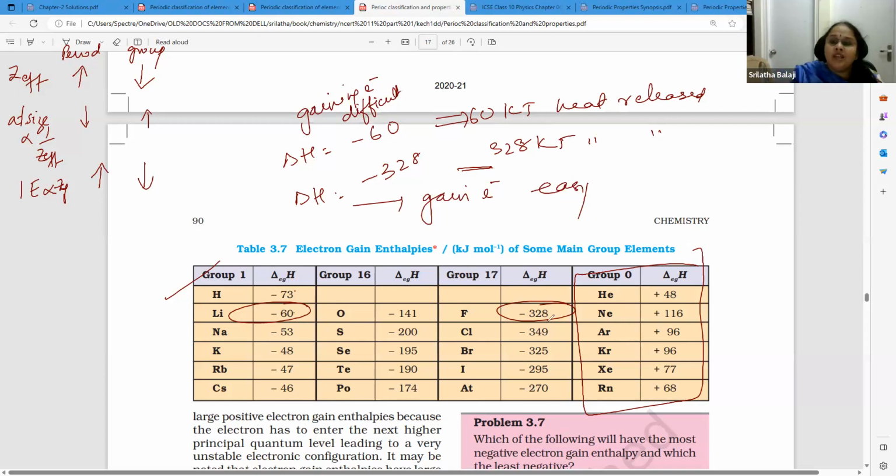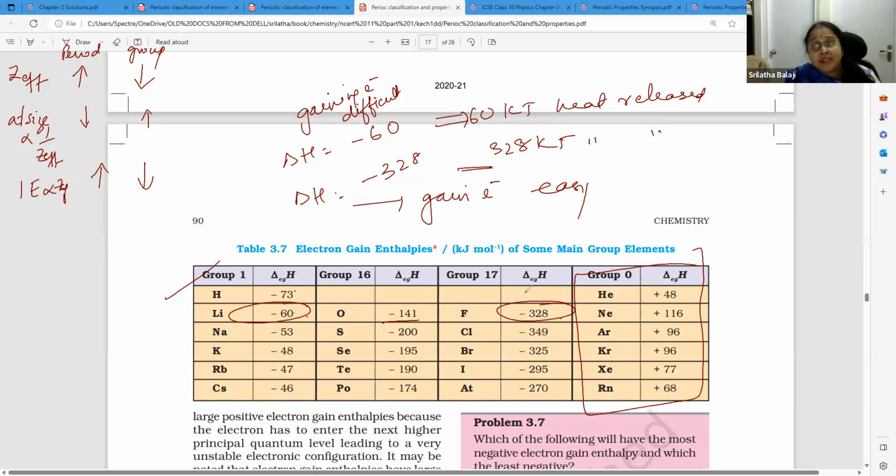So when I go from lithium to fluorine, gaining electron is easy or difficult? See, minus 60, minus 141, minus 328. What is happening? The value is becoming largely negative, no? It's becoming more and more negative.